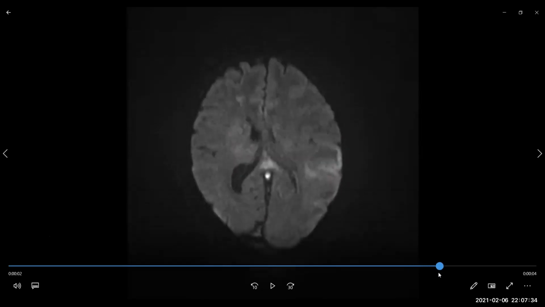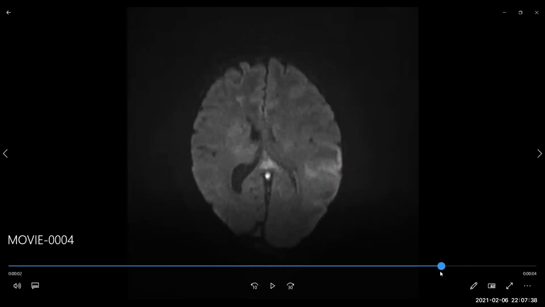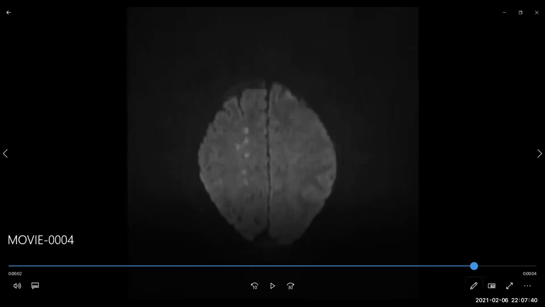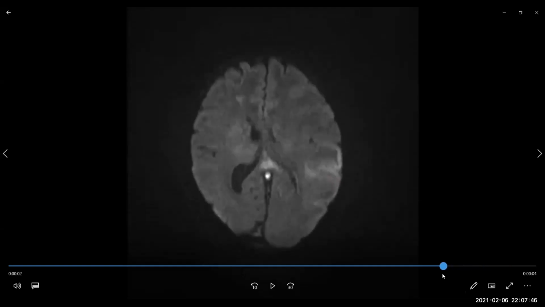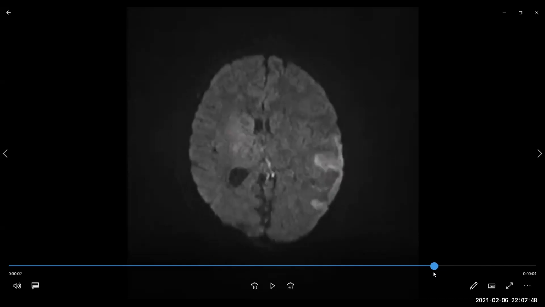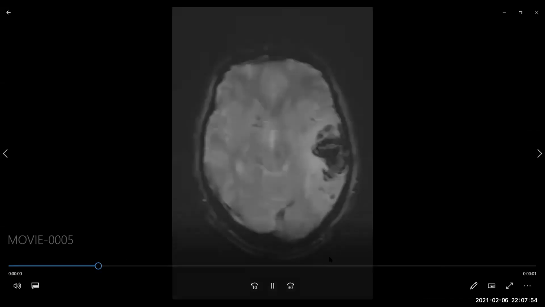There is cortical diffusion hyperintensity at the involved areas, and there is some hyperintensity involving the corpus callosum also, the posterior part of the corpus callosum, and also at the centrum semiovale at the white matter on the right side, multiple patchy areas. So can I see the ADC and the SWI if available?